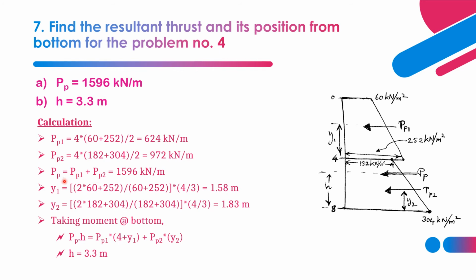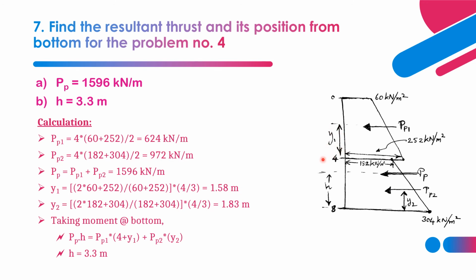So y1 is (2 into 60 plus 252) divided by (60 plus 252), this whole bracket into 4 by 3. That gives us 1.58 meter as the answer for the y1 value.